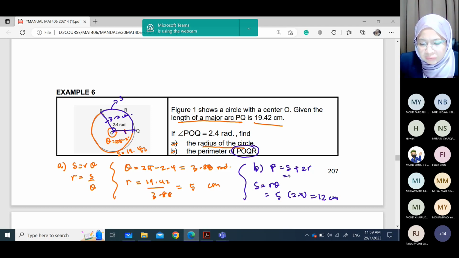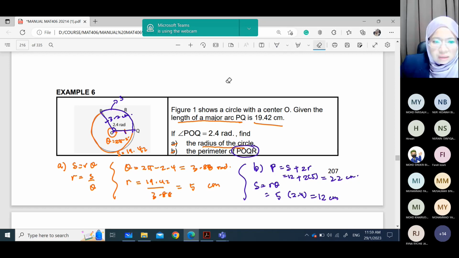So the perimeter is 12 plus 2 times 5, which is 22 cm. Correct. So the perimeter of the blue one is 22 cm. This one is about 5 cm.